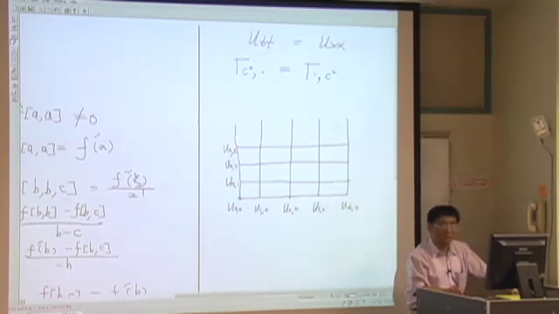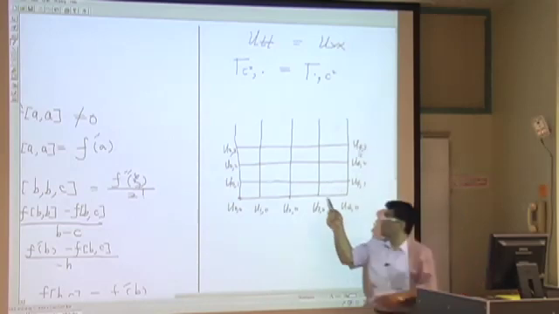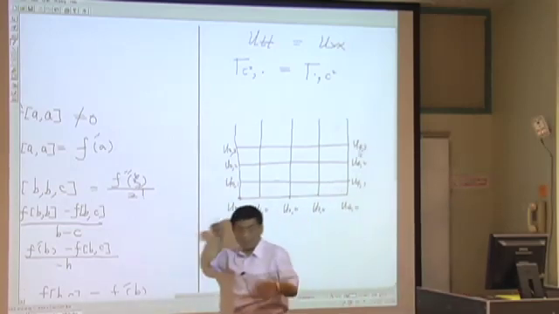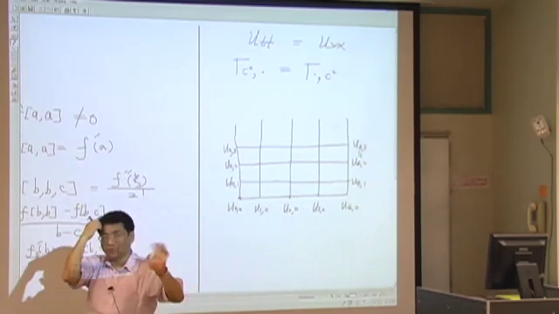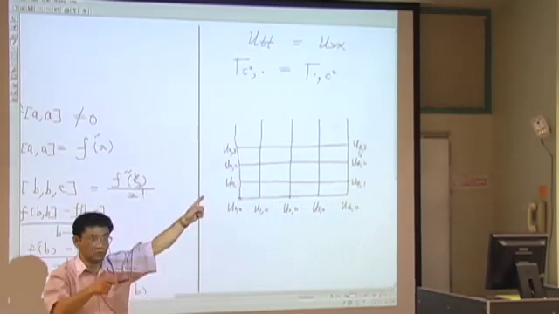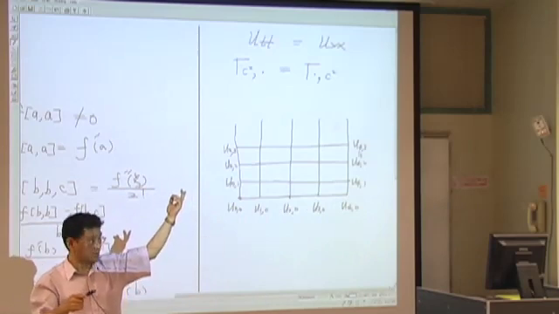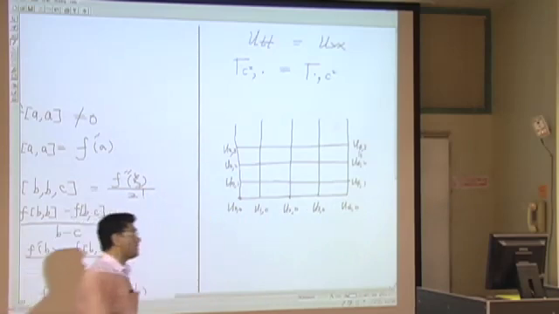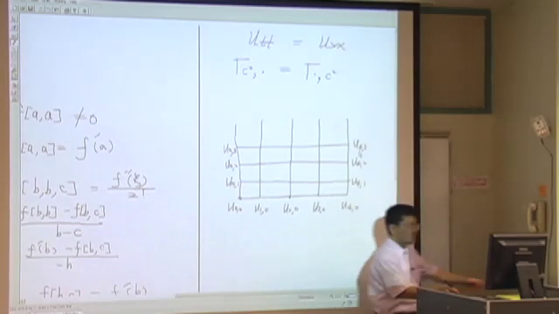And then 4, 1, 4, 2, 4, 3. In this sense, these are just numbers. But when you use numbers here, it's difficult to program. Because of this reason, we just call this U, even though we know these values. You follow me? Then we should name these unknowns.